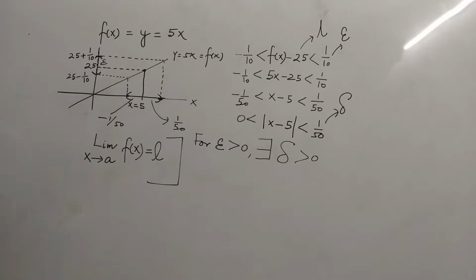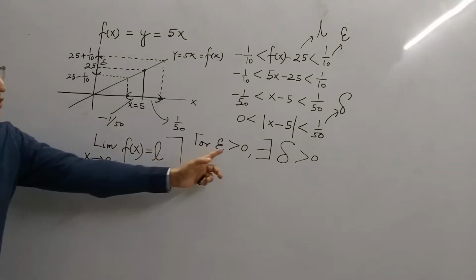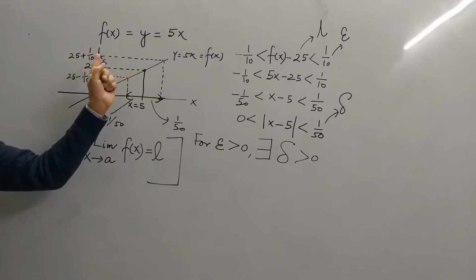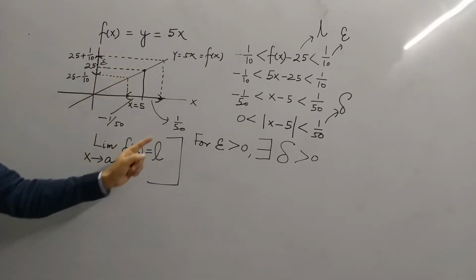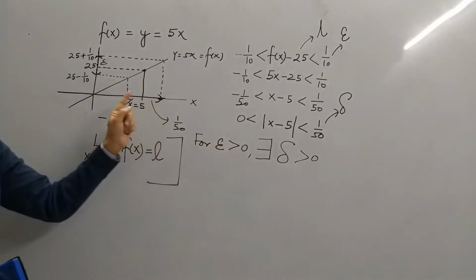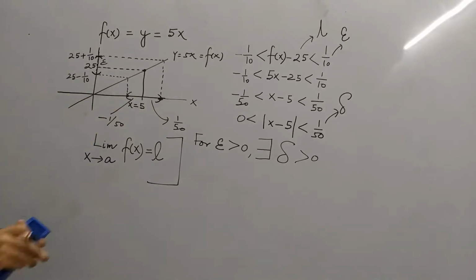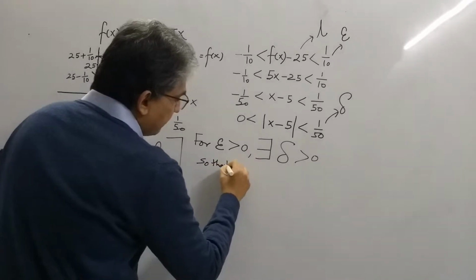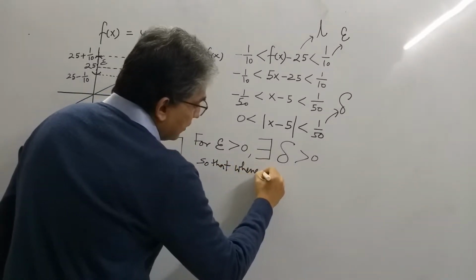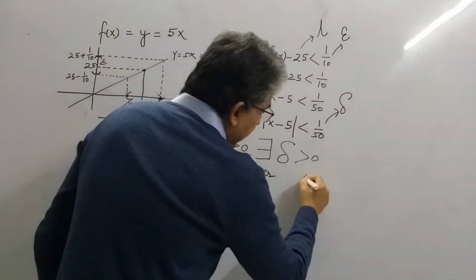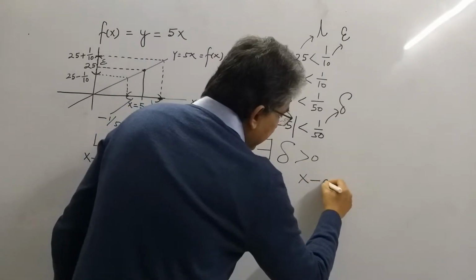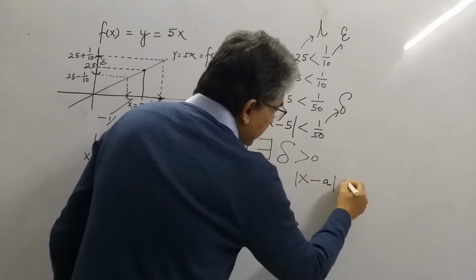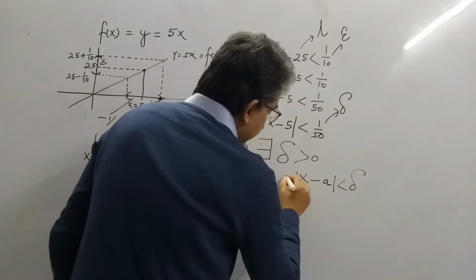So what I explained, I am translating into mathematical language. For any epsilon positive, that was my 1 by 10, I must get a delta. I got the delta, that was 1 by 50, so that whenever x minus a lies between 0 and delta, we have f(x) minus L less than epsilon.